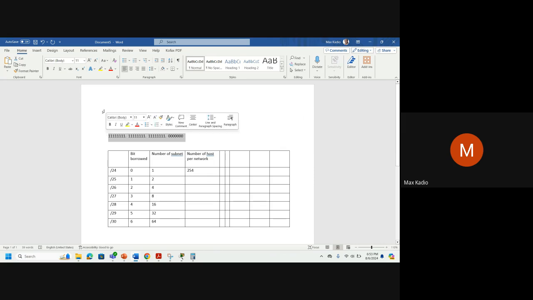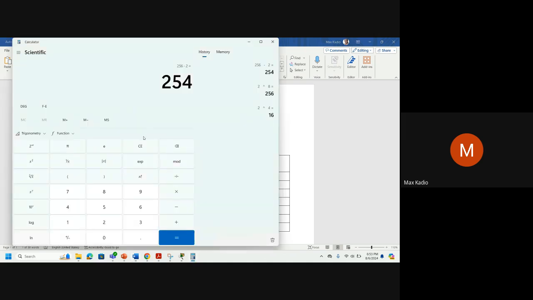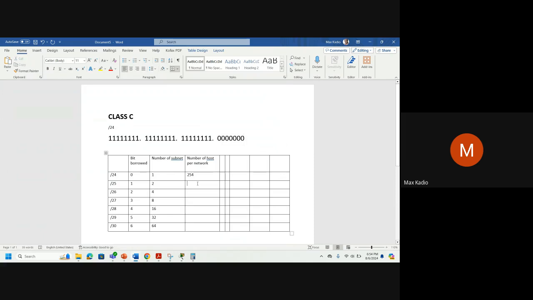If I borrow 1 bit here, the remaining is 7. So 2 to the power of 7 minus 2 is 126.